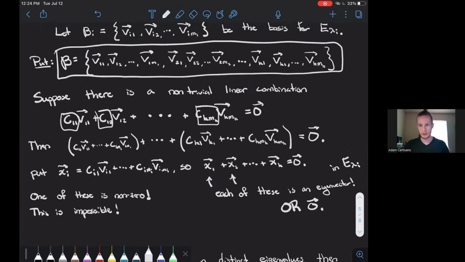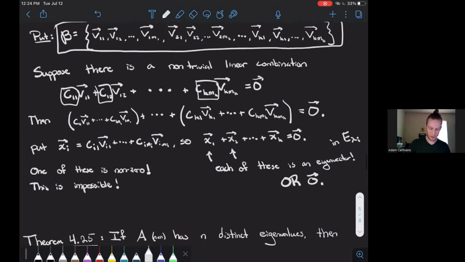but that's the condition for being a linearly independent set, right? So only the trivial linear combination is consistent.